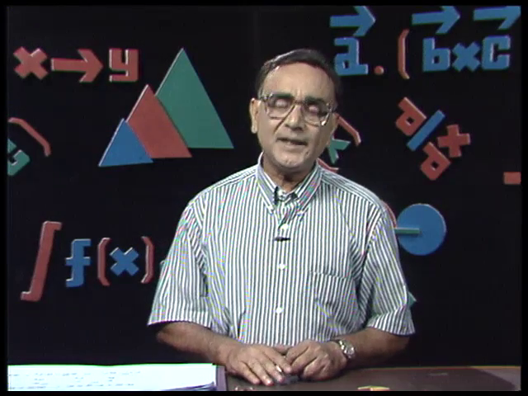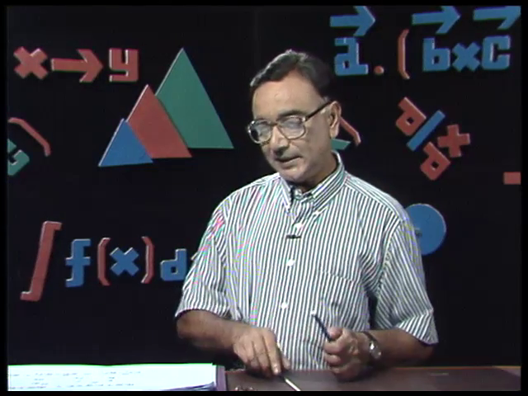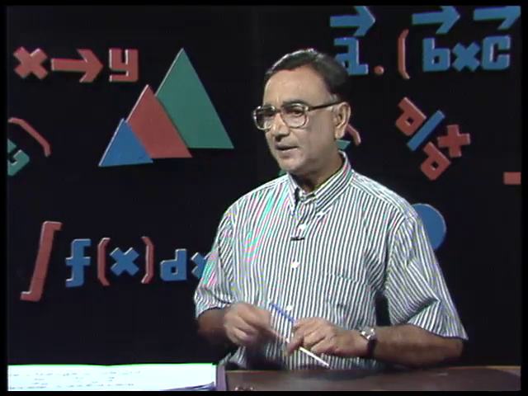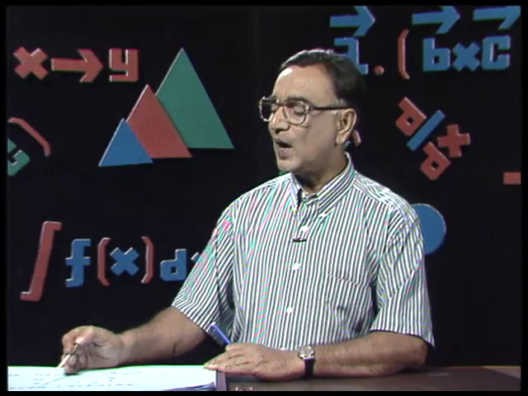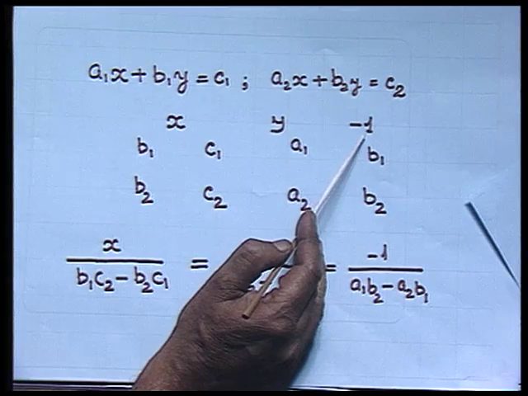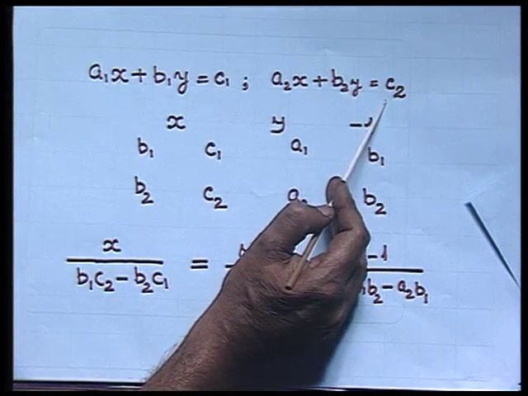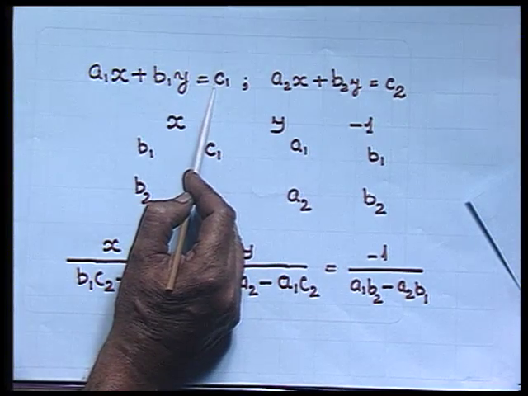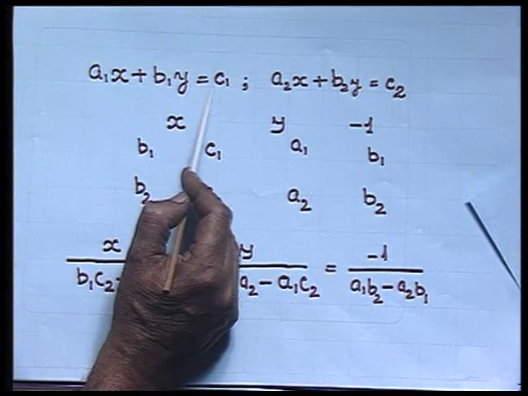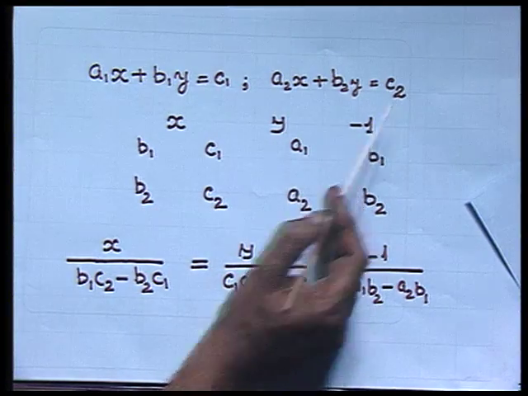But in case we have to go like that, can we have another convenient way? Yes, we have. So here, taking the equations, we write x, y and minus 1. So remember here, when you are writing minus 1, both the constants c1 and c2 should be on the right hand side of the equality sign. c1 is on the right hand side and c2 is also on the right hand side.